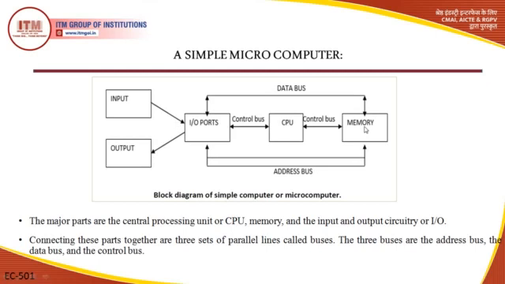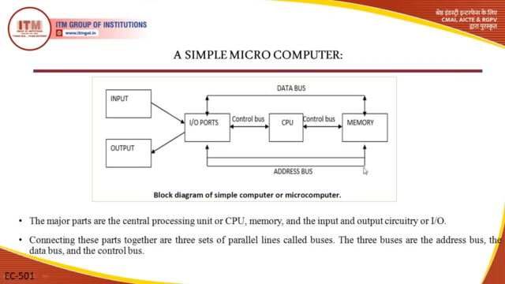So memory consists of 2 parts mainly. One part is the program memory, in which the machine code or instructions are stored, and the second part is where the data, whether input data or output data, is stored.